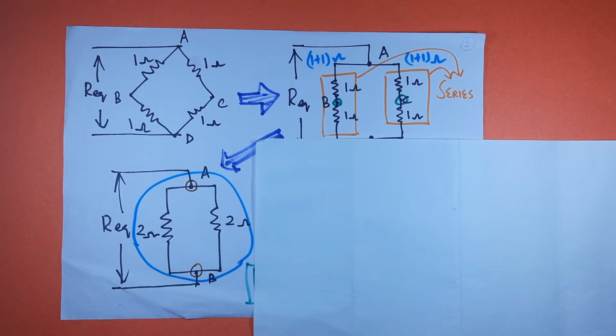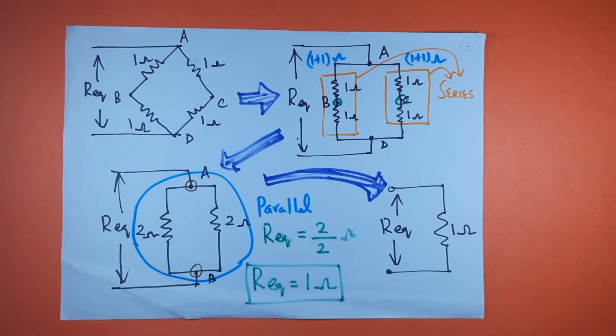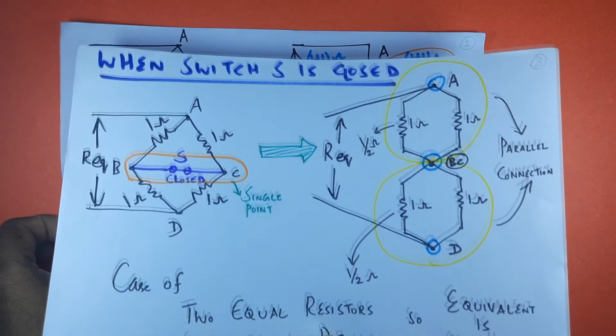Now these 2 ohm, 2 ohm are connected in parallel because at the top you have one common point A, at the bottom you have another common point D. So here we have the case of 2 equal resistors connected in parallel. That means equivalent is going to be 1/2 of the original value. So 2 by 2, that is going to be 1 ohm. So when the switch S is open, the equivalent resistance is going to be 1 ohm.